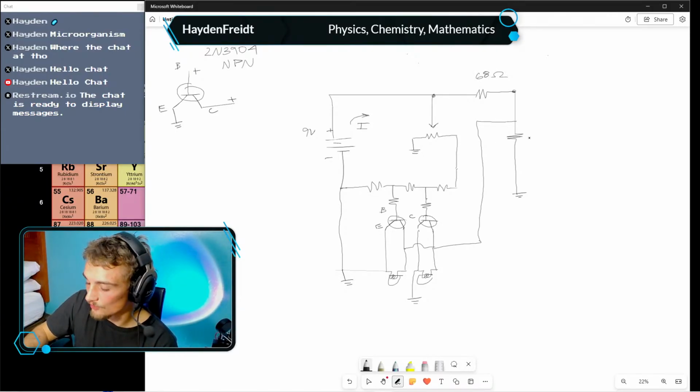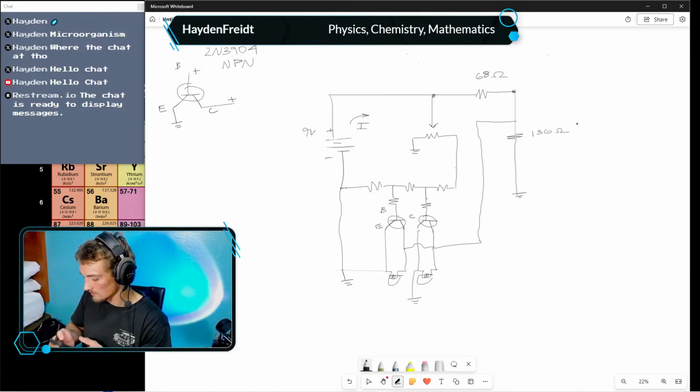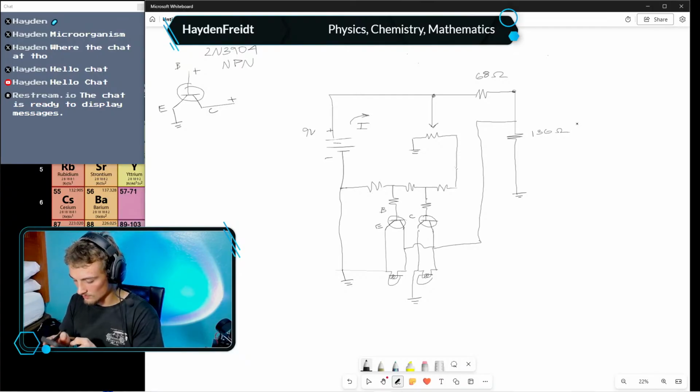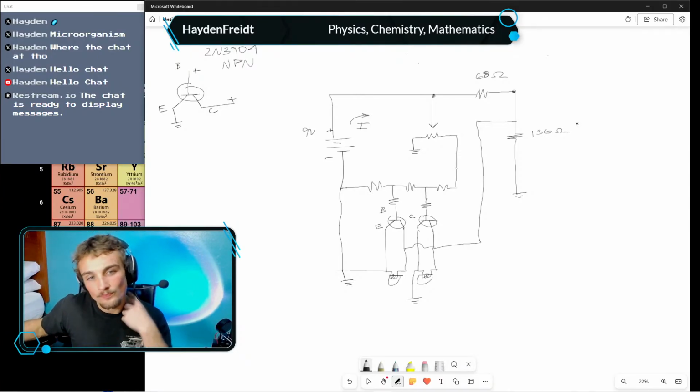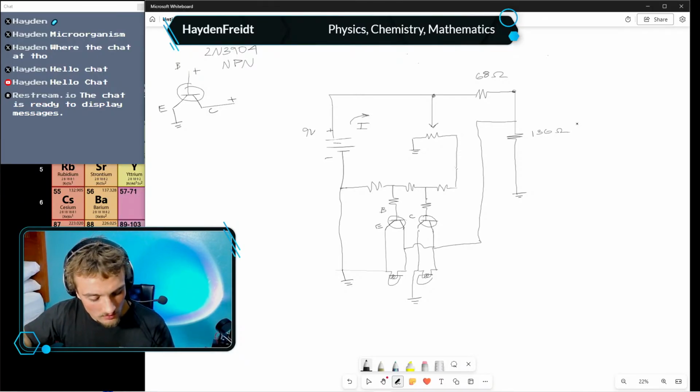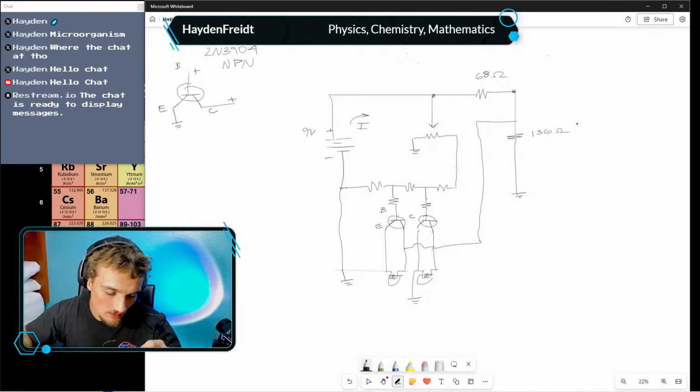So 68 ohms, and that's going to be 136 ohms. I thought that was more for whatever reason, but no, that's it. Okay, and then 330.